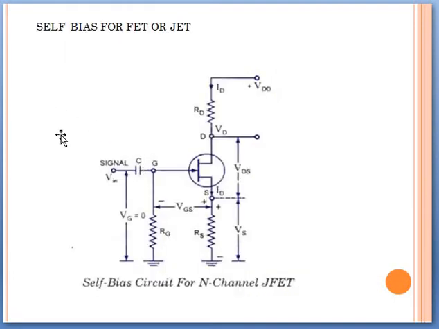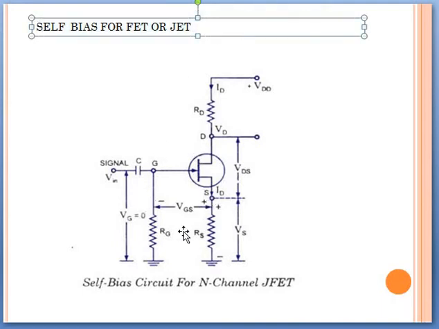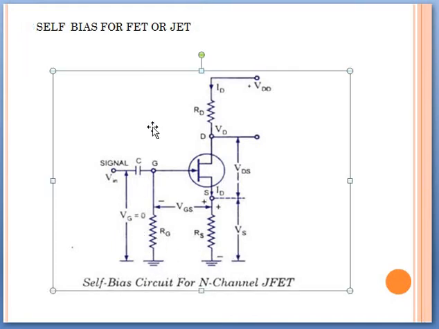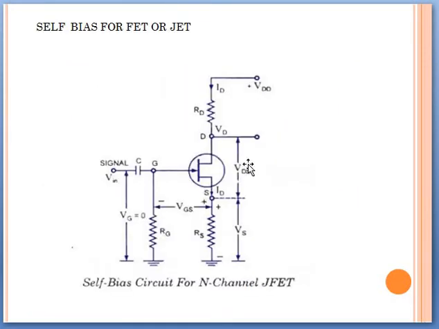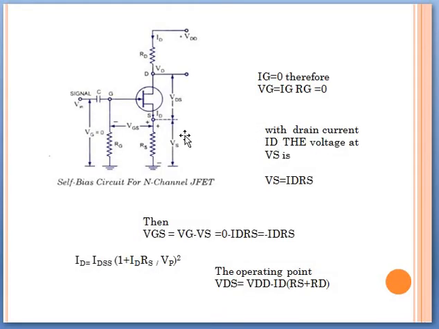Now the next type of biasing is called self-biasing. Self-biasing is where we will not give any voltage across the gate, so here we require only one source.